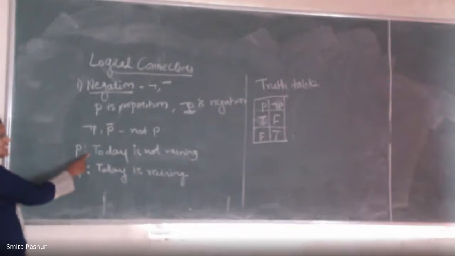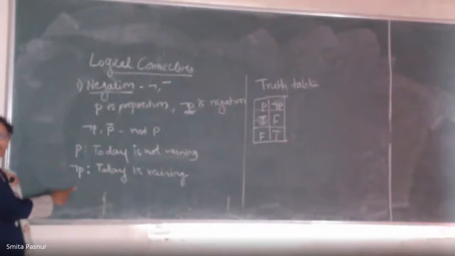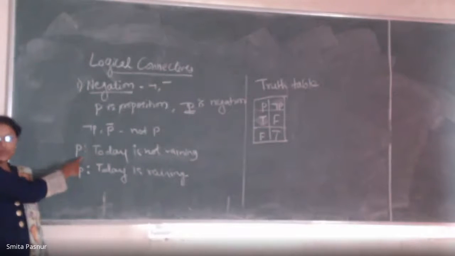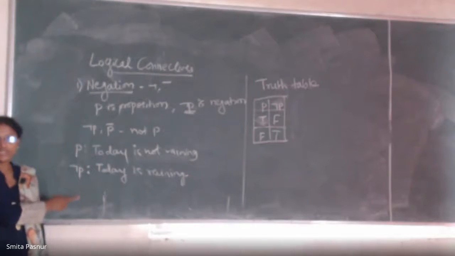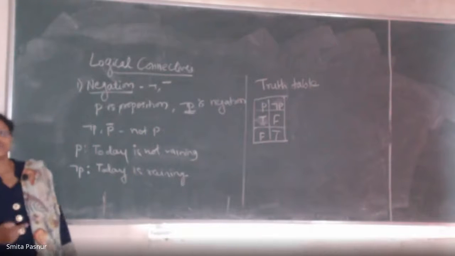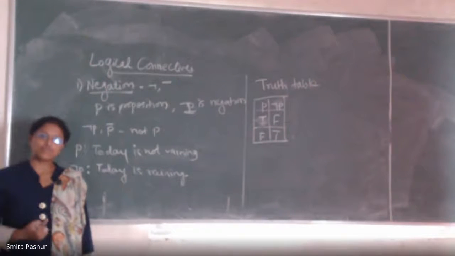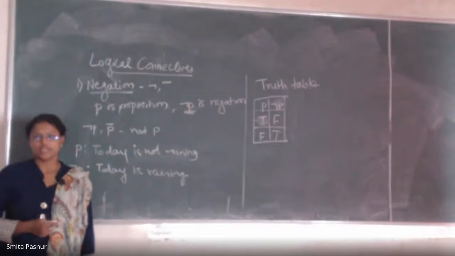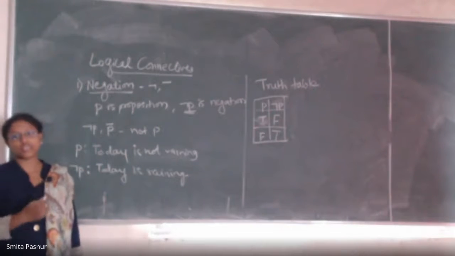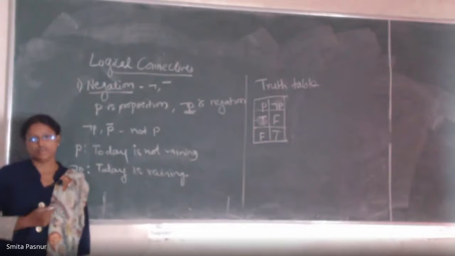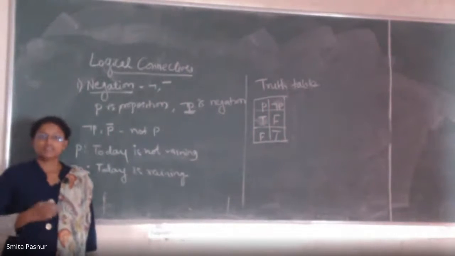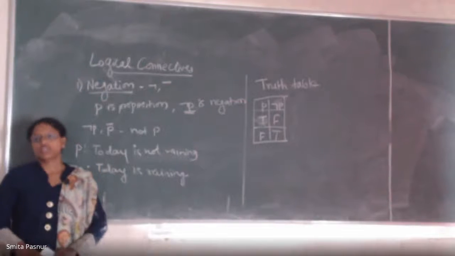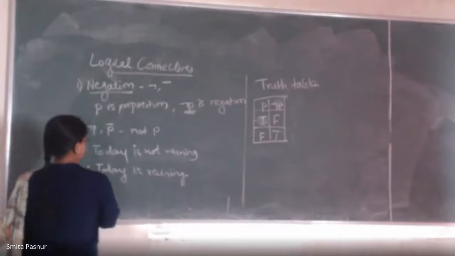That means the first one is F, the second one will be true. If P is false, then not P will be true. Yes or no? So this is how you can convert the prepositional statements. Is it clear, all of you? Okay. So this is the first type of logical connectivity, that is negation. Right? Then we will see the second logical connectivity.